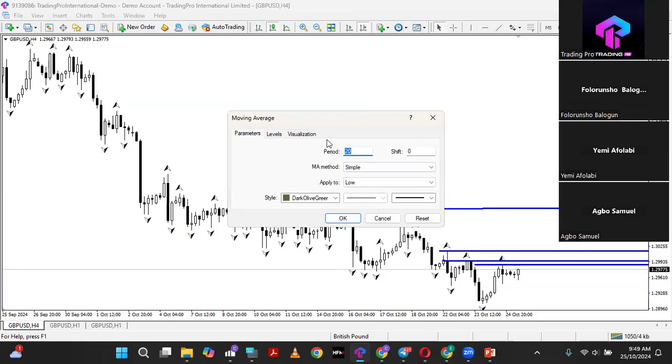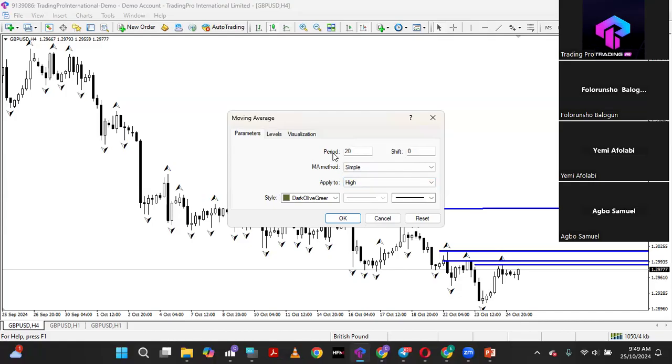The moving average is a calculation of the last 20 candles in that particular time frame. So it calculates the average depending on what you're using. In this case, let's say we're using high, it will calculate the high of the last 20 candles and give you the average.